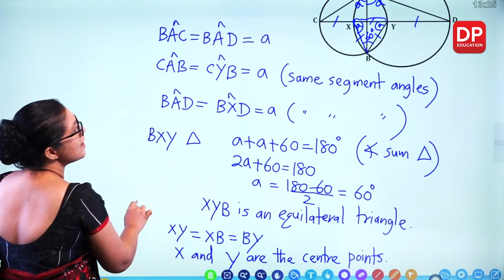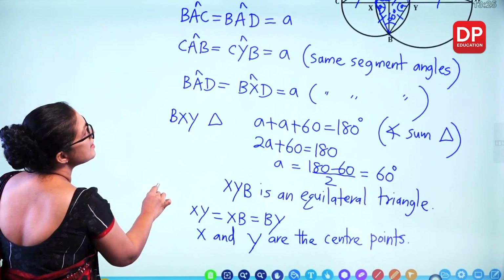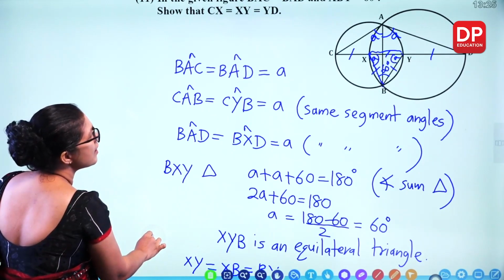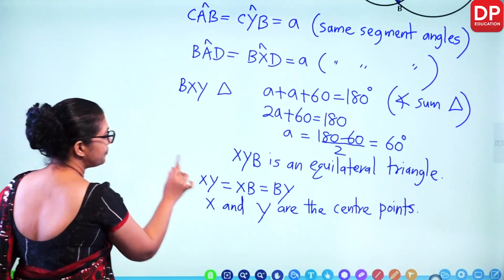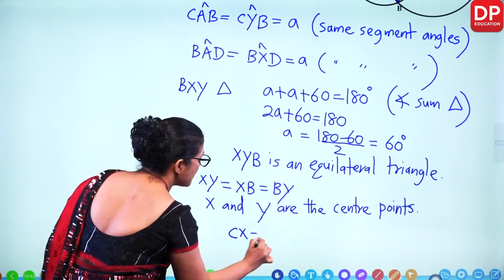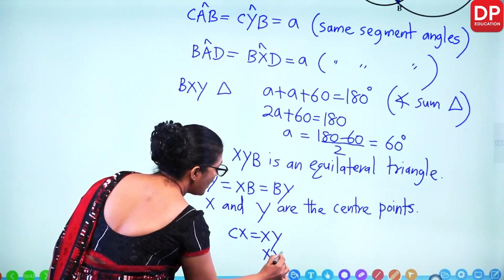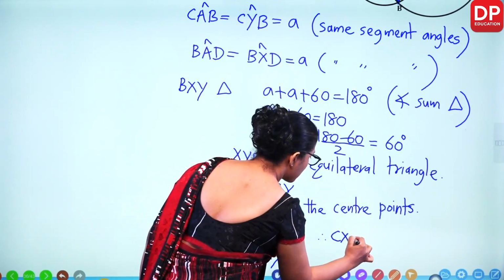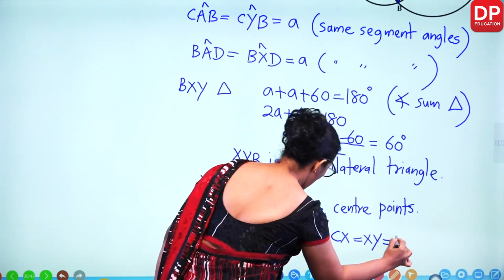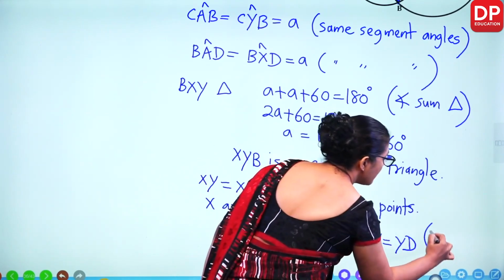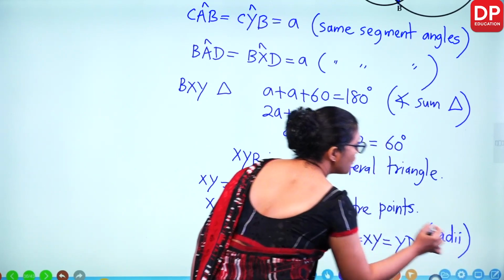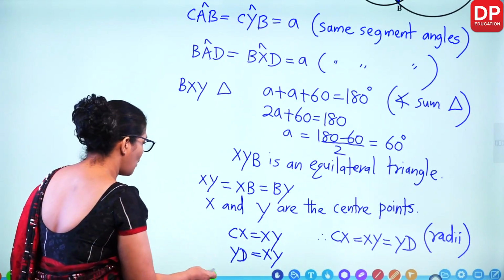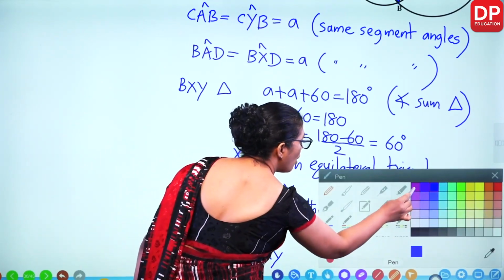Then straight away, if these are the center points, CX is equal to XY and XY is equal to YD. CX, XY, YD are radii of the two circles. So all are equal. Now we can give marks for this question.